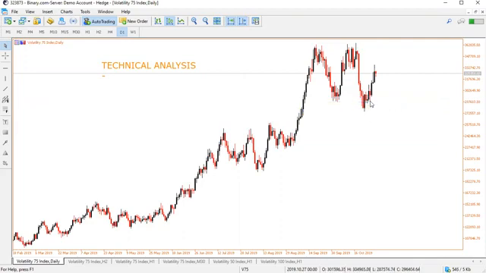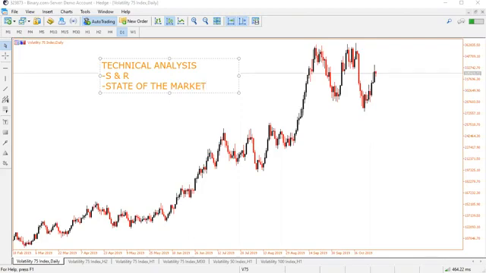With the technical analysis, what we're looking at is that we need to identify our supports and resistances.